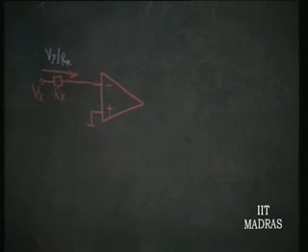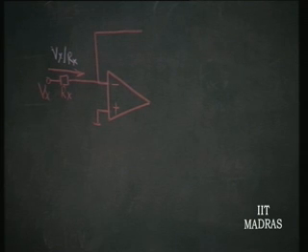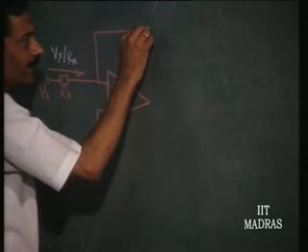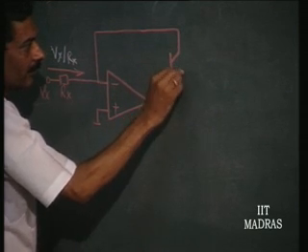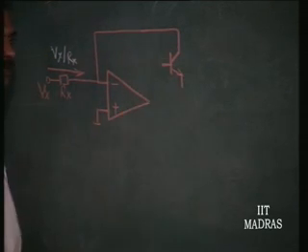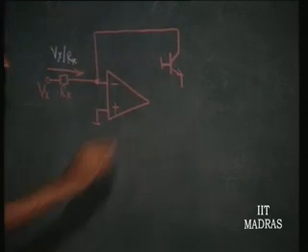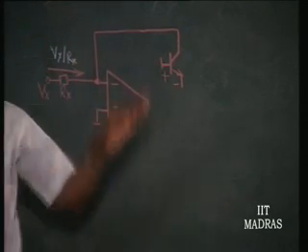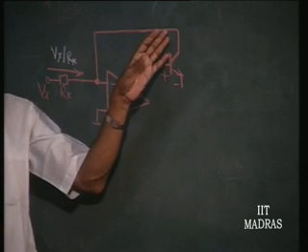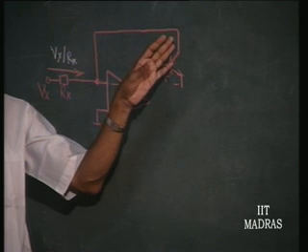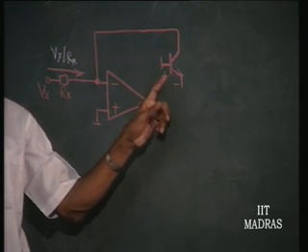Now, let us see. This current has to flow through the collector of a transistor, that this will be forced through the collector of a transistor. Then, if it is still a negative feedback configuration, this will force itself through the collector in order to generate a voltage. What is the voltage generated here?